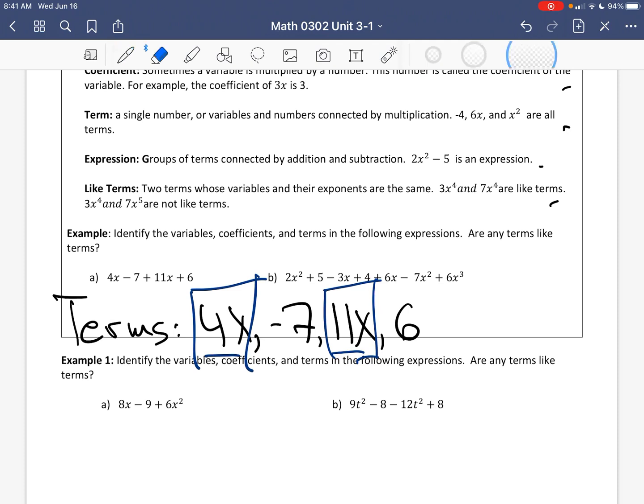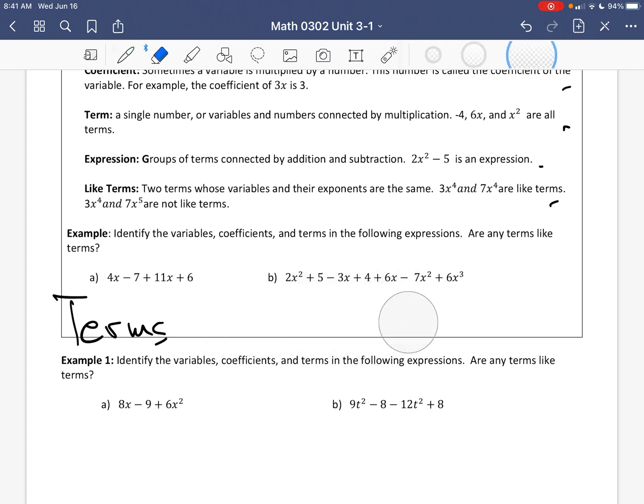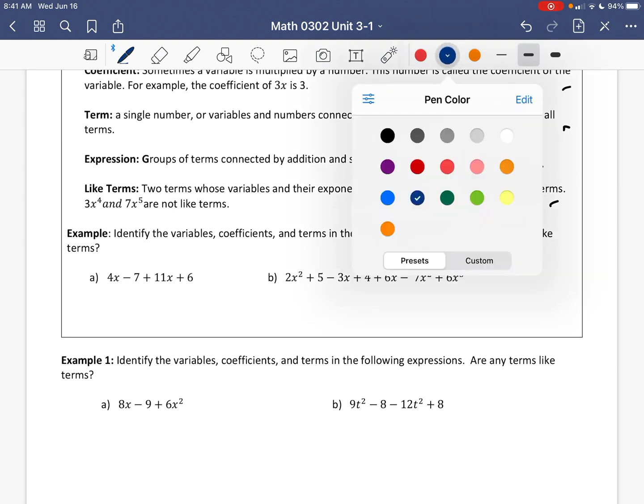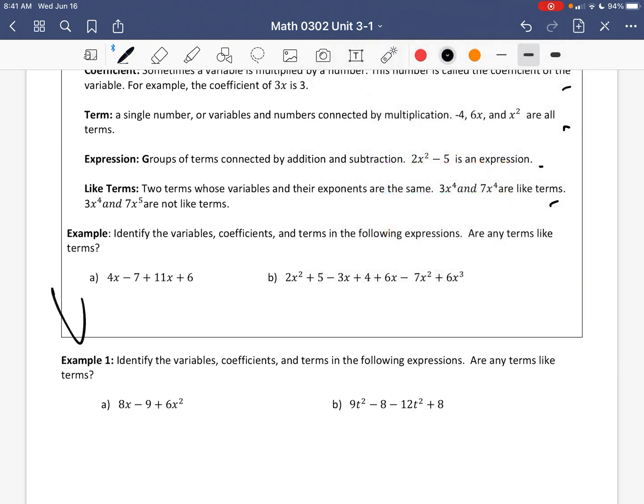Now let's take a look at part B. We'll do the same thing. In part B, we'll identify the variables first, and again I'll use an abbreviation for variables. The variables here are just going to be variable x.